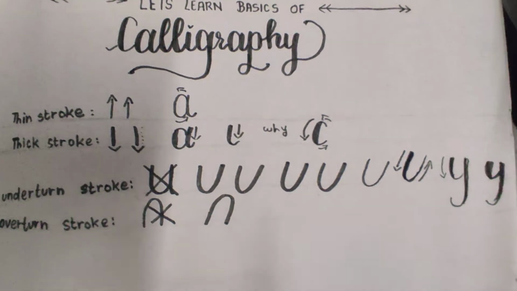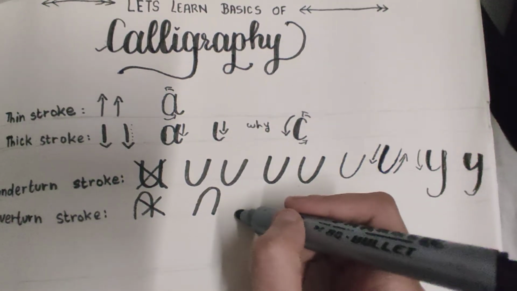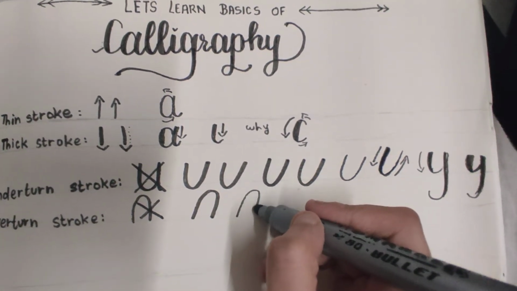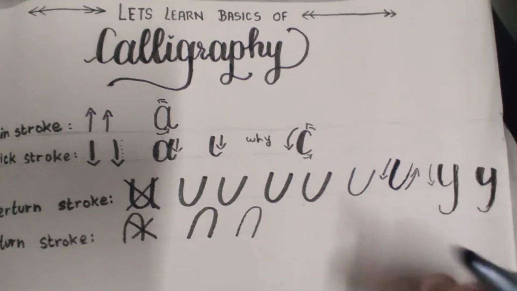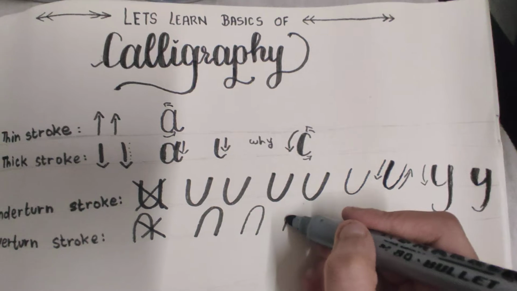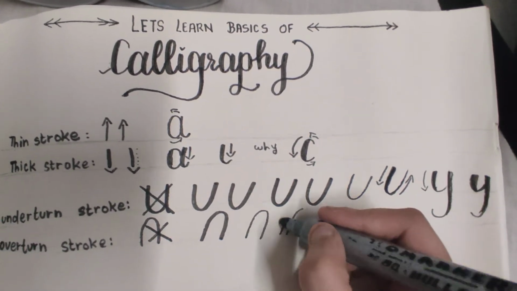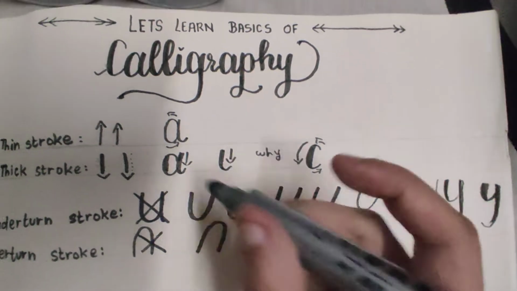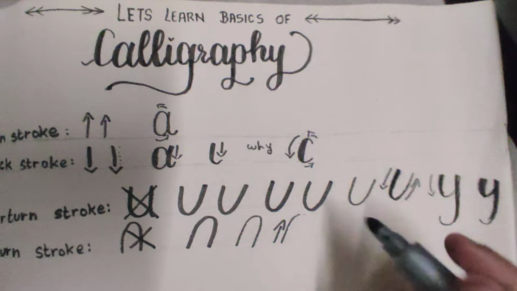So now, how do we apply a rule in overturned stroke? Whenever we are making an overturned stroke, this part will remain thin. Why so? Because if you notice, when you are making this part, this is going from down to up. That's why this part will remain thin.